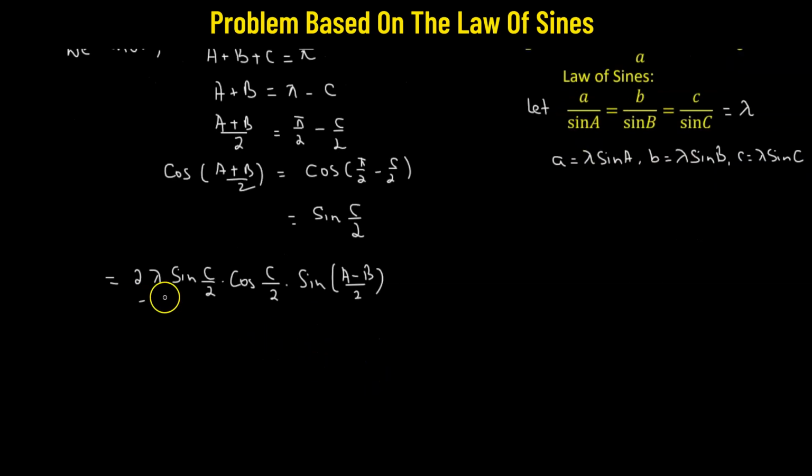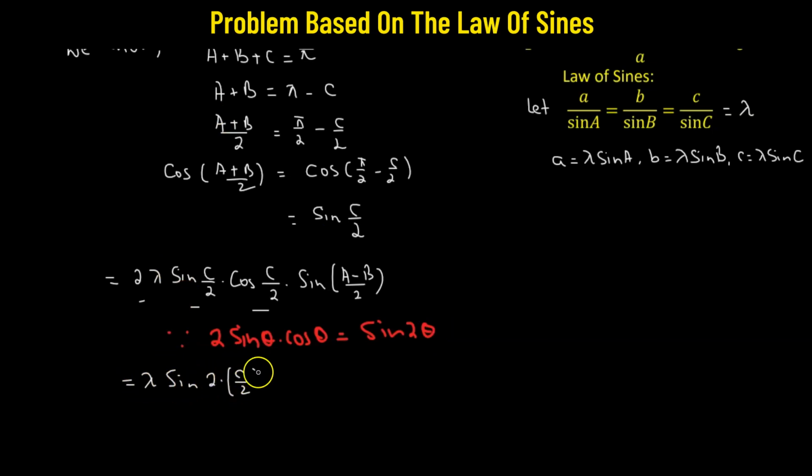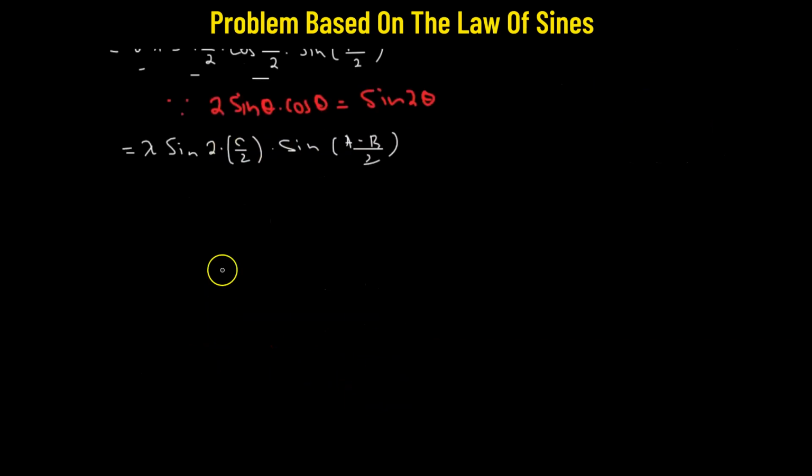Now we can combine 2 times sine of C/2 times cosine of C/2 using the fact that 2 times sine theta times cosine theta is equal to sine 2 theta. So we get lambda times sine of (2 times C/2) multiplied by sine of (A minus B)/2. So this gives us lambda multiplied by sine C multiplied by sine of (A minus B)/2.